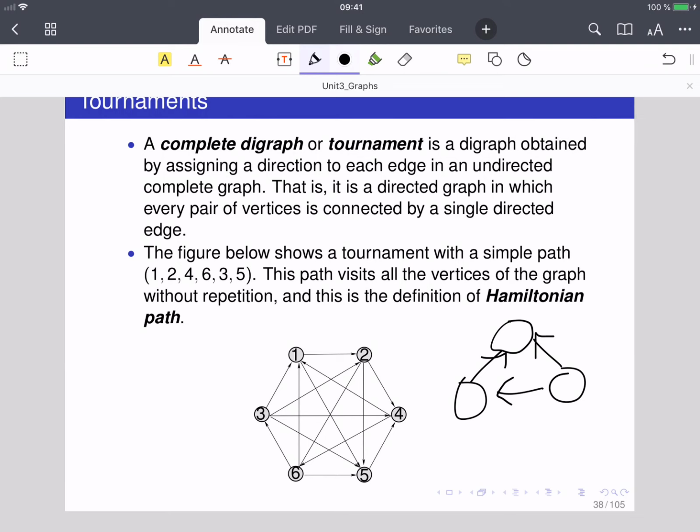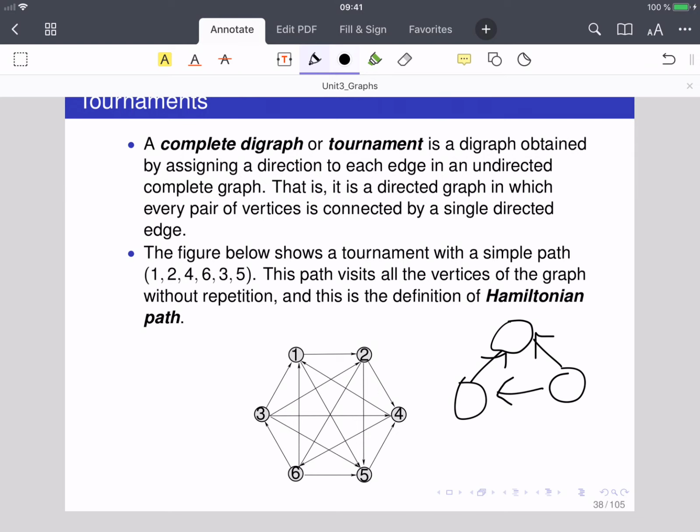Notice that I can do that in different ways. When I have complete non-directed graphs, there is only one complete graph for each number of vertices, and we call that K sub n.